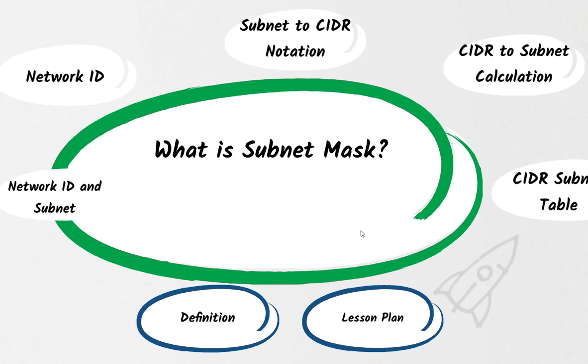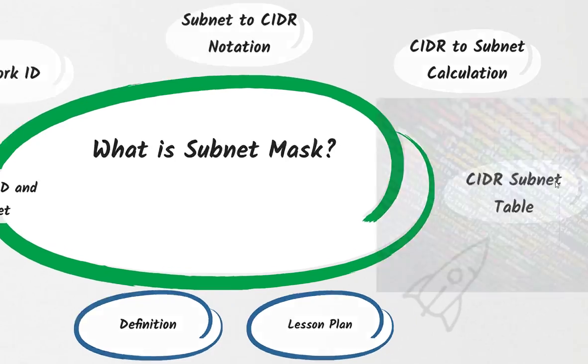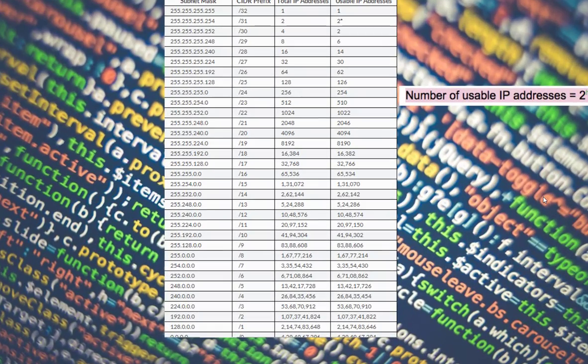First, I just want to share one table with you guys. Here is a master table where you can see the subnet masks, CIDR, total IP addresses and usable IP addresses.